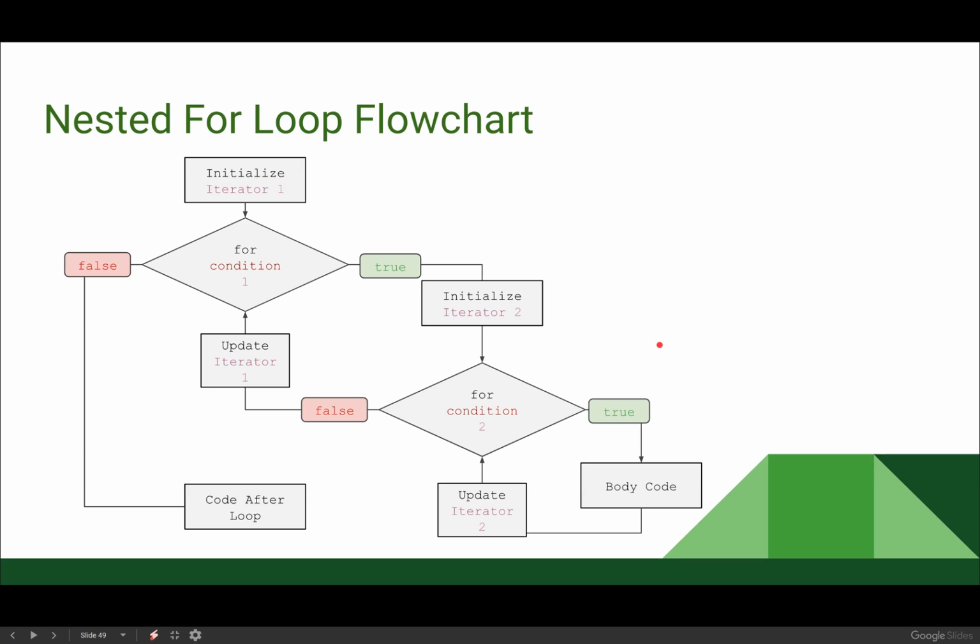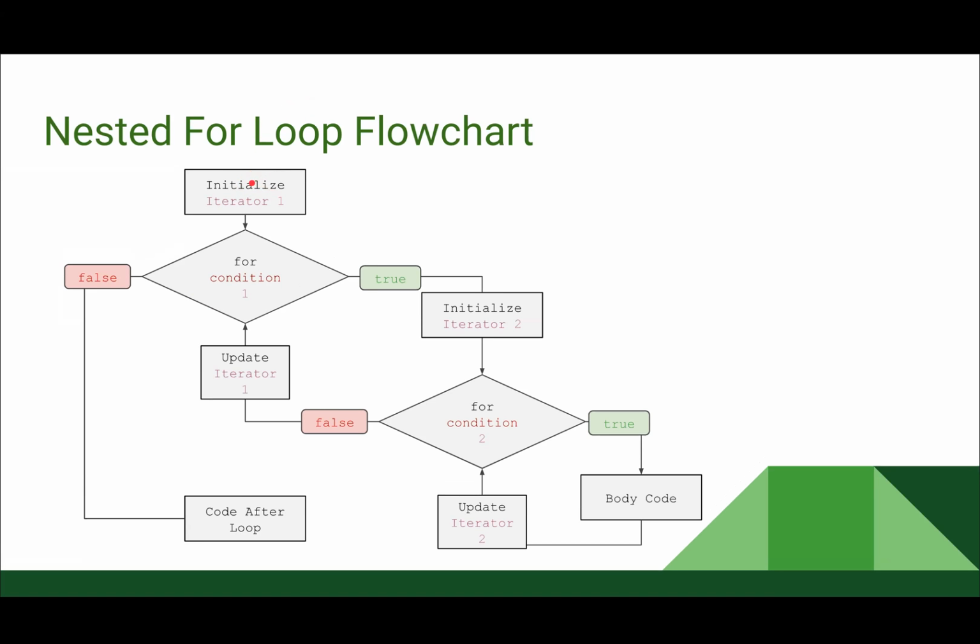So if we want to look at a flowchart for how that nesting of a for loop would look, we're going to initialize our first iterator. We're going to check our first for condition. As long as this is true, we're going to initialize our second iterator, check our second condition, and loop as long as that second condition is true, continuously updating our iterator number 2.